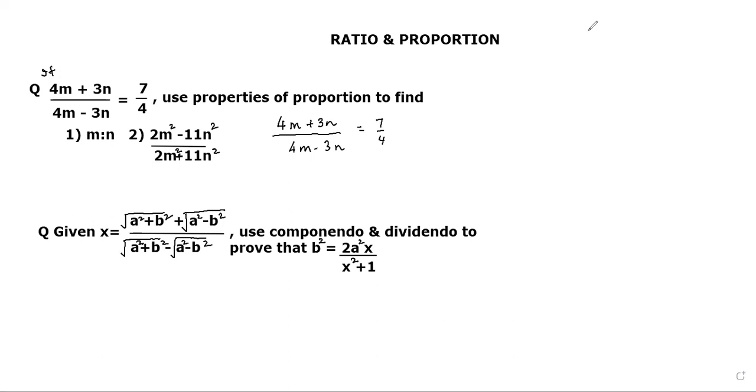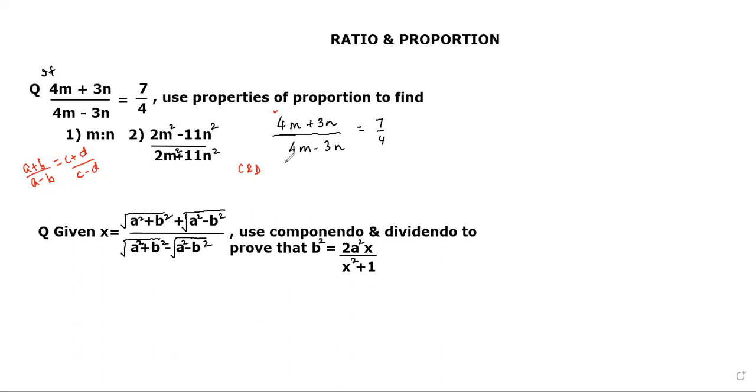This is given. And now, using componendo and dividendo, what happens? If this is A upon B, then (A plus B) upon (A minus B) is equal to (C plus D) upon (C minus D). This is called componendo and dividendo.